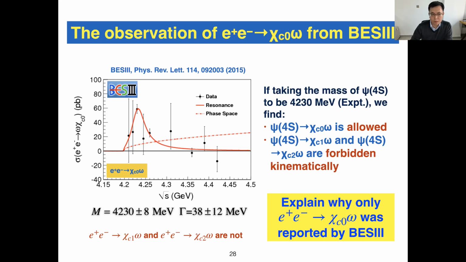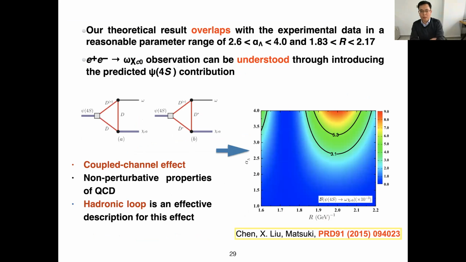So focusing on this BESIII data, we also did a calculation of its hidden-charm decay channels. We introduced the charmonium assignment to the Y(4220).